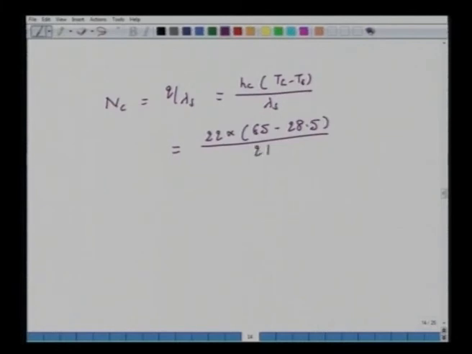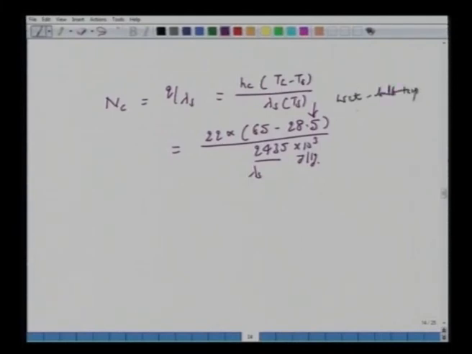Again from the literature value we have 2435 times 10 to the power 3 joule per kg. This is the lambda s calculated at Ts, which was your wet bulb temperature.